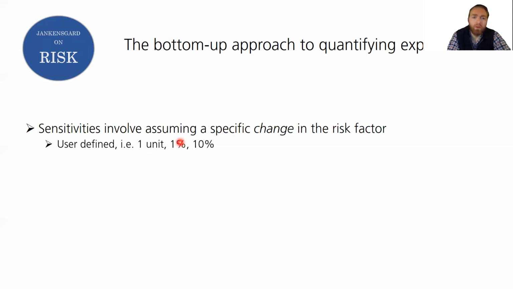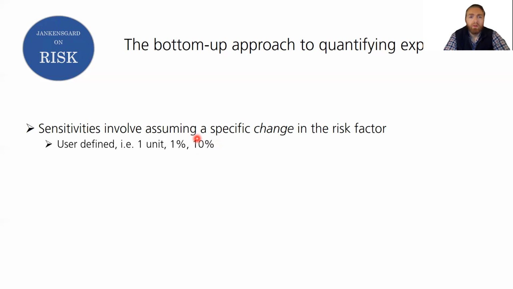Or you go for one of these percentage numbers. And particularly 10% is a popular one in practice, because it is of some economic relevance. 10% is a respectable number that if something like that were to happen, it would be felt. It's not an irrelevant change in a risk factor.